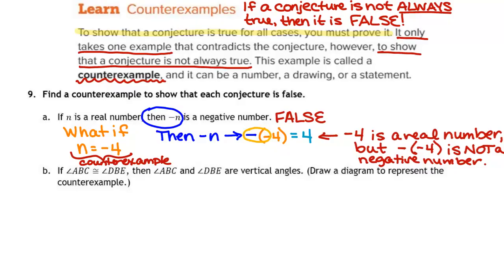Could I draw a picture where they really are vertical angles? Yes. My task right now, it says draw a diagram to represent the counterexample. I want to draw a diagram to show that this doesn't have to be true, that I can draw a picture where I have angle ABC and angle DBE, but they are not vertical angles.